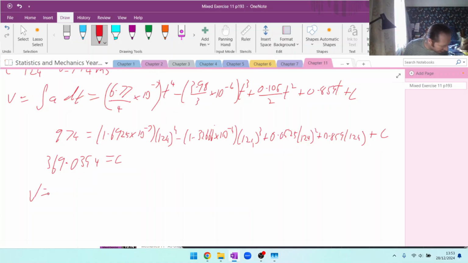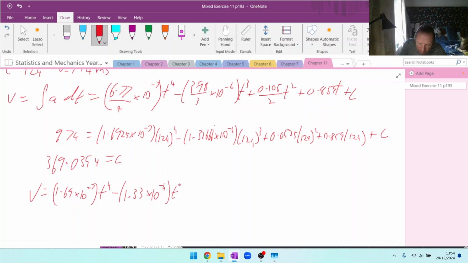And so velocity is equal to, what were we doing? Find an expression for velocity, give your coefficients to 3 significant figures. 1.69 times 10 to the minus 7 t to the 4 minus 1.33 times 10 to the minus 4 t cubed.